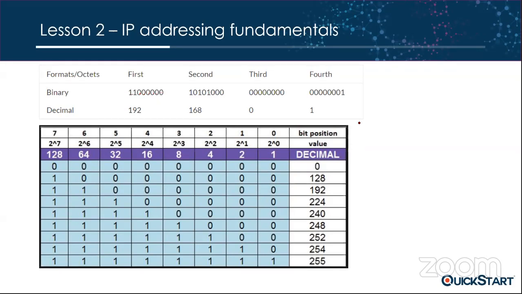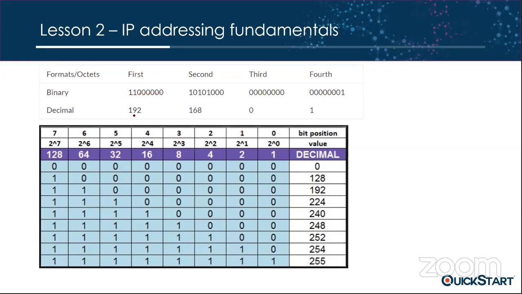And from left to right, we go to the power 0, to the power 1, 2, 3, 4, 5, 6, 7. The bit value positions would be 0, 1, 2, 3, 4, 5, 6, 7. So 2 to the power 7 becomes 128. 2 to the power 6 becomes 64. Then further on, 2 to the power 0 becomes 1, right?